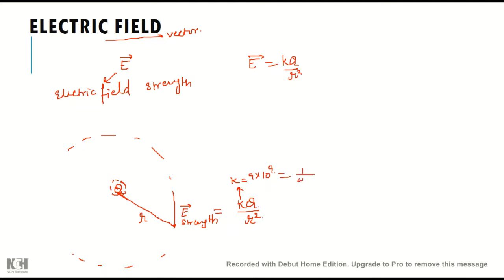Or it was having the notation epsilon naught, where epsilon naught value was 8.854 into 10 raised to the power minus 12.